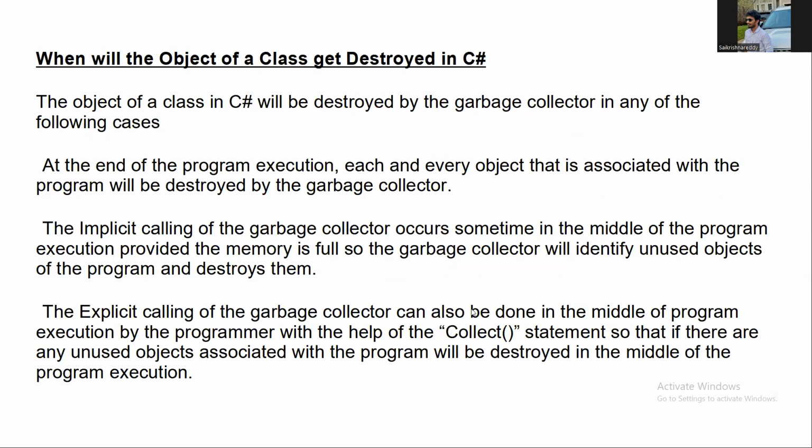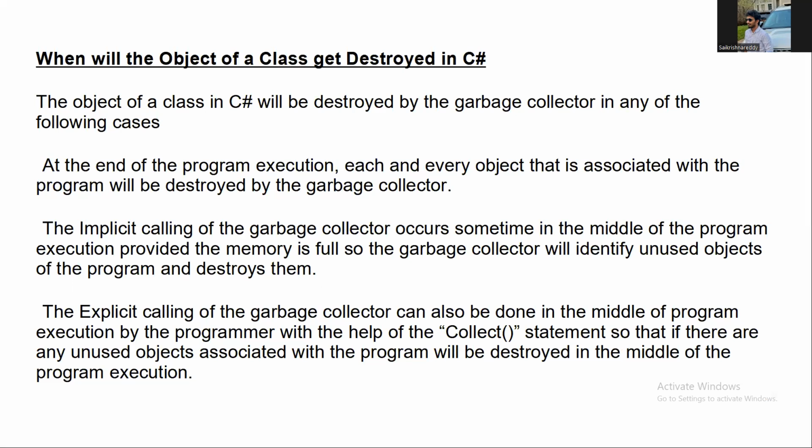Now there would be a question: what are all the scenarios where the object of a class gets destroyed? There are a total of three ways you can wipe out the memory of the object. The first is when the program finishes its execution. Once your program has successfully run, each and every object's memory will be automatically destroyed by the garbage collector.